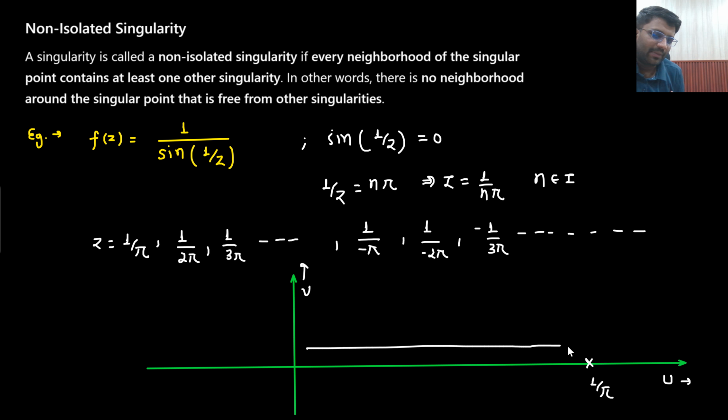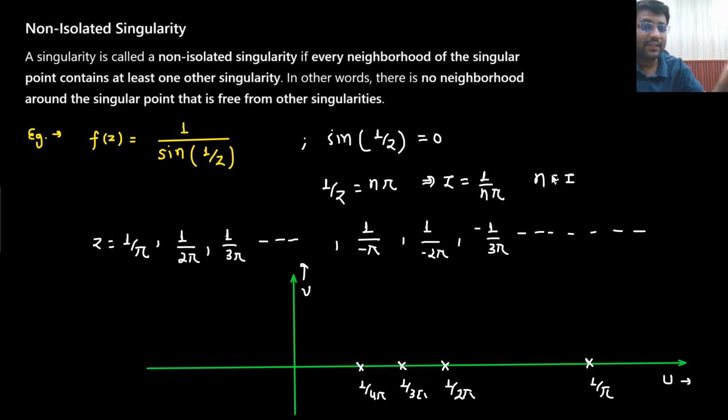So this much length is 1 by pi. So where will be 1 by 2 pi? Sir, 1 by 2 pi will be somewhere near, somewhere here. The next problem came at 1 by 3 pi. This will be your 1 by 3 pi. Next problem will come at 1 by 4 pi, which will be here. n value could be 1000 as well, no? So where will be 1 by 1000 pi? 1 by 1000 pi will be somewhere here.